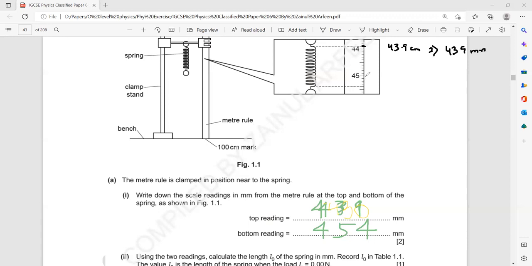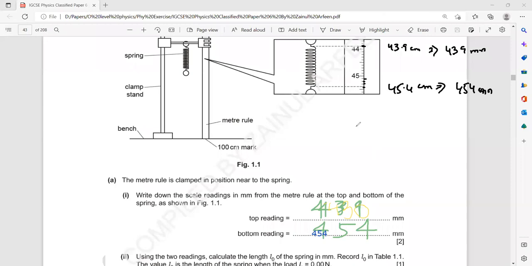millimeter. And the bottom is like 45, 46, 7, 8, and 9. 0.1 is there. So 45.1, 45.2. This is 1, 2, 3, and 4. So 45.4 centimeter, when we multiply by 10, it will be millimeter. So 454 millimeter.